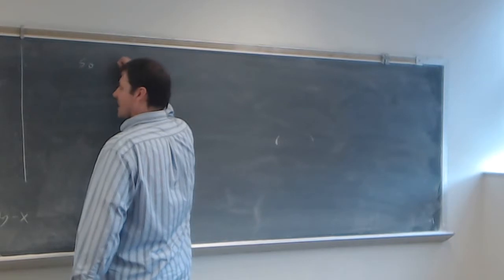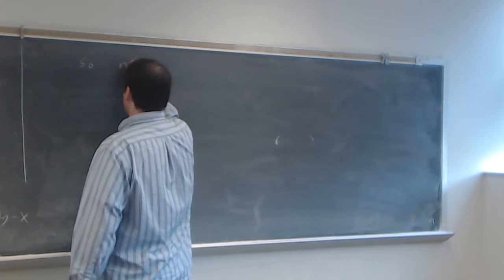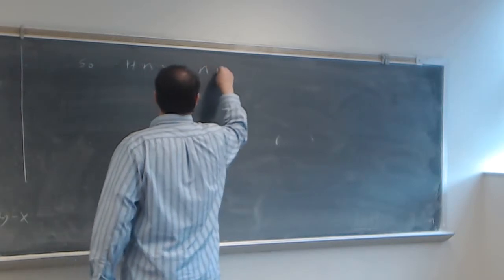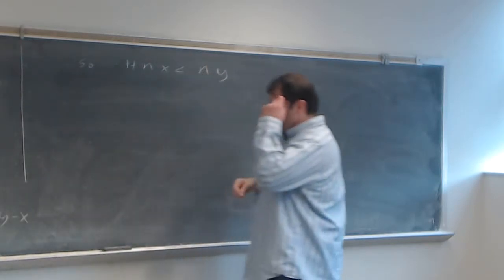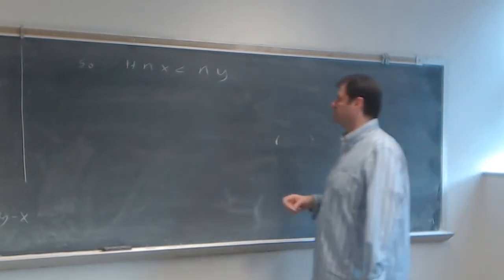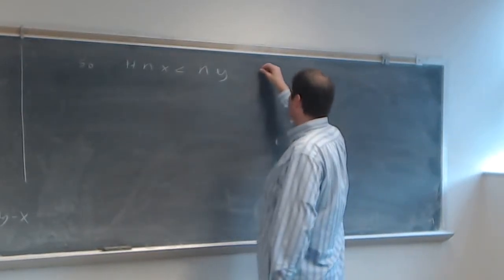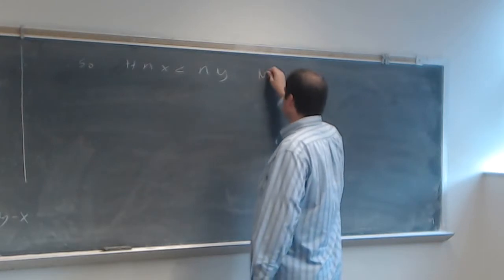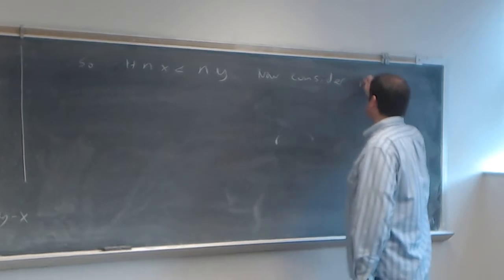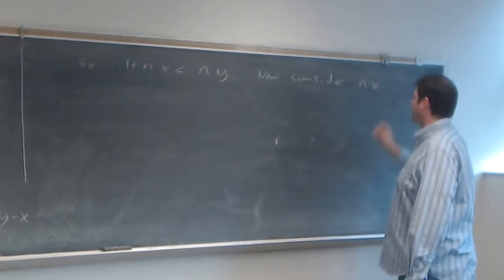So this says that if I add nx to both sides, then 1 plus nx is going to be less than n times y. Now consider nx.